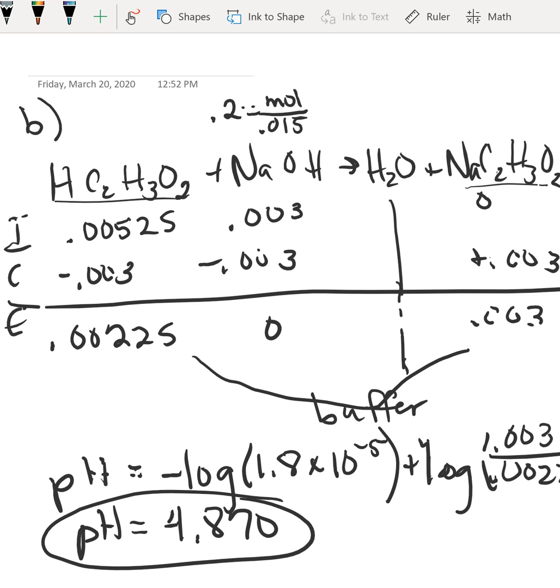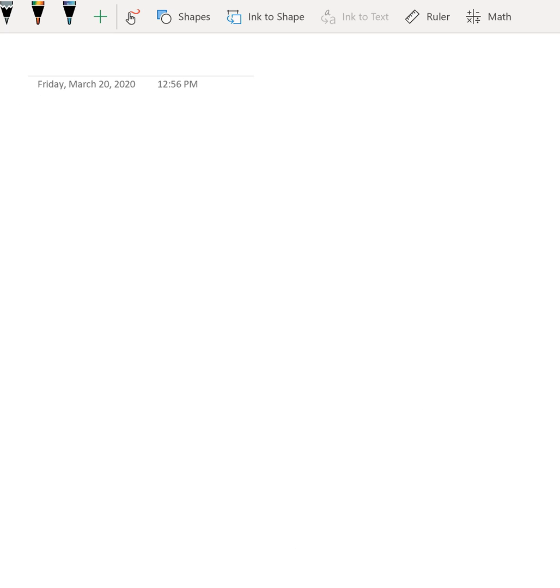All right, so the pH went up a little bit, which we would expect from adding a base to it. Okay, then for C, it's going to be the same equation.